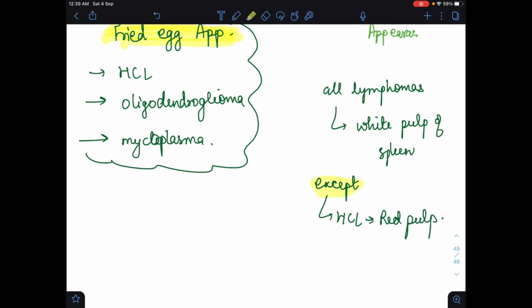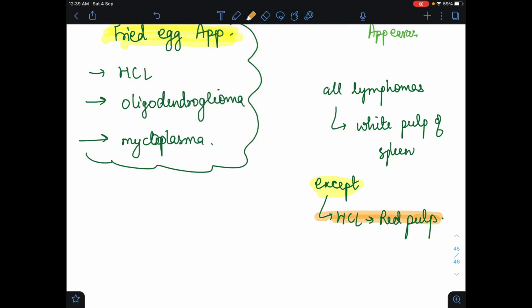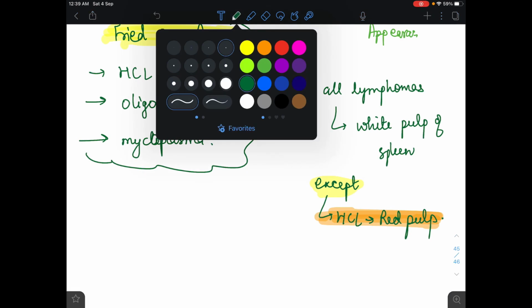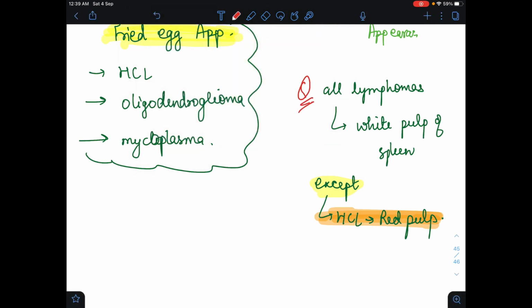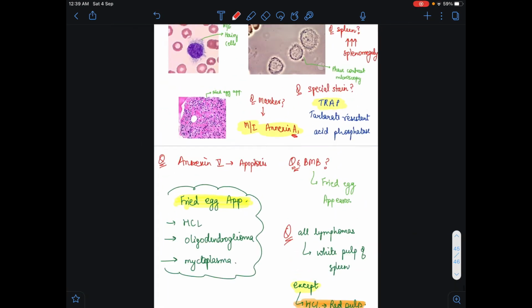Please remember it, that hairy cell leukemia involves the red pulp of the spleen. This is a very important question.